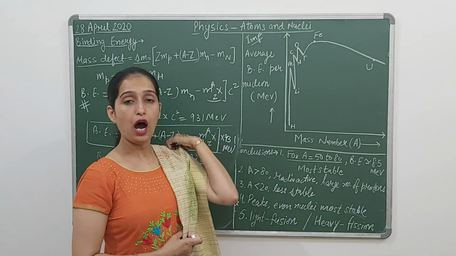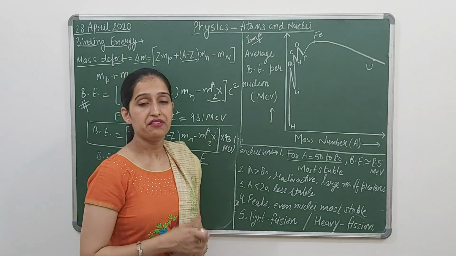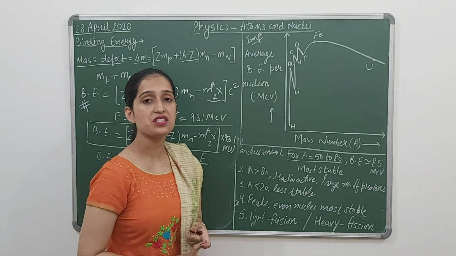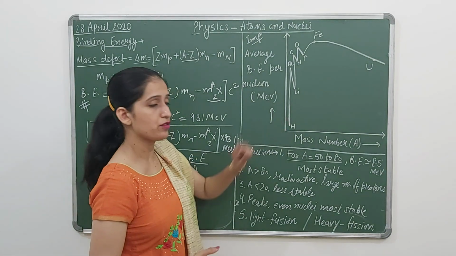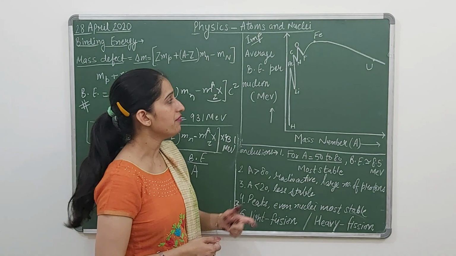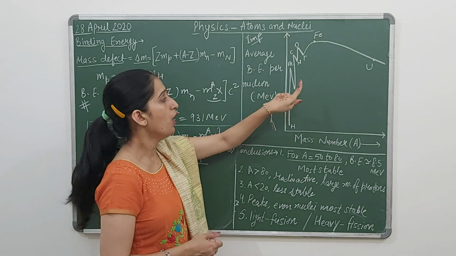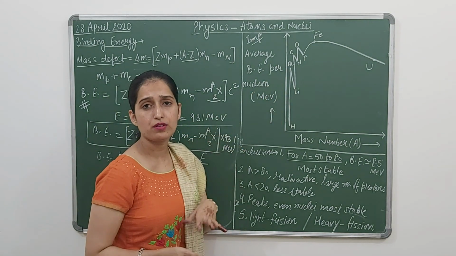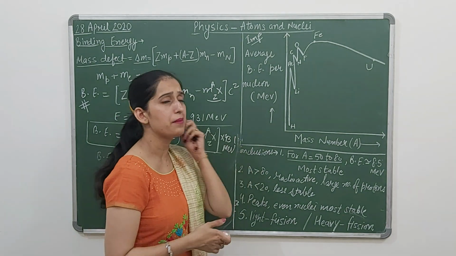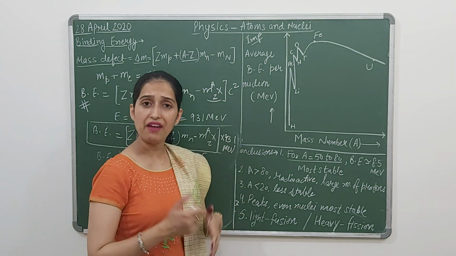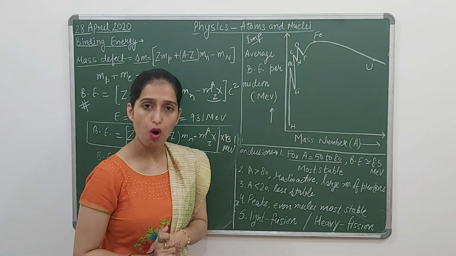How do we draw this graph? We have calculated binding energy per nucleon for hydrogen, for helium, for lithium, carbon, nitrogen, oxygen, iron, uranium, and so on. We have calculated binding energy for all.